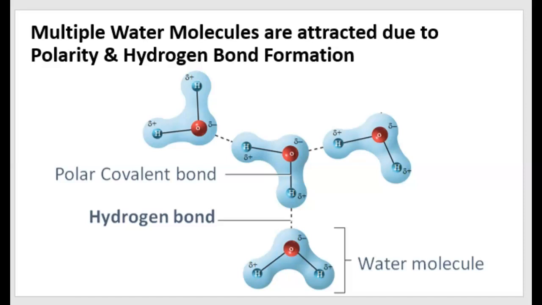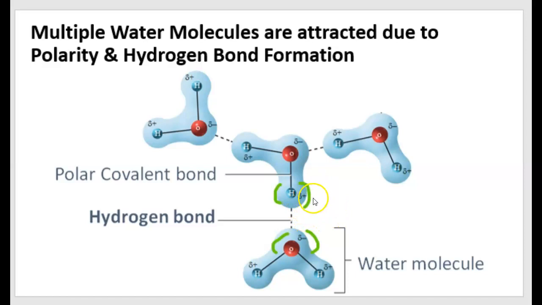Because water molecules have these polar covalent bonds, they interact with each other in a very unique way. The interaction is called a hydrogen bond, and it occurs between the partial negative charge on the oxygen of one water molecule and the partial positive charge on the hydrogen of a different water molecule.